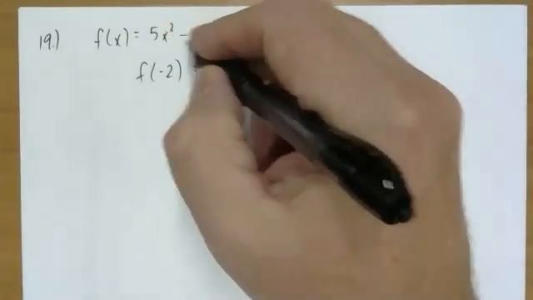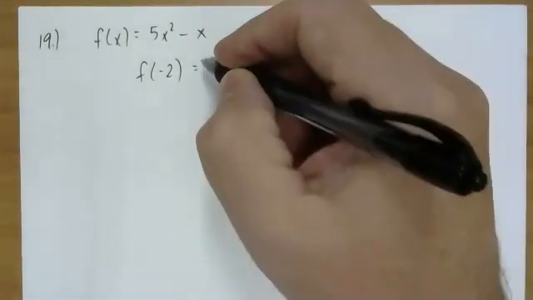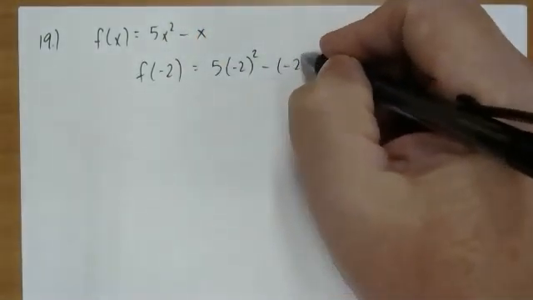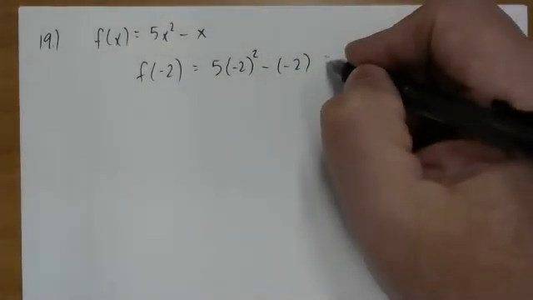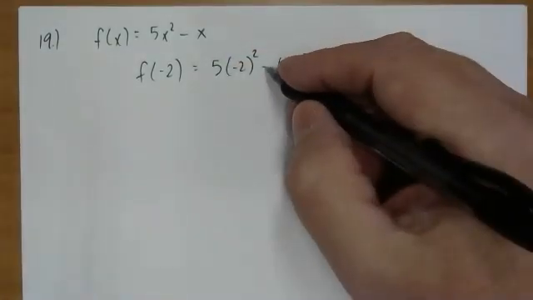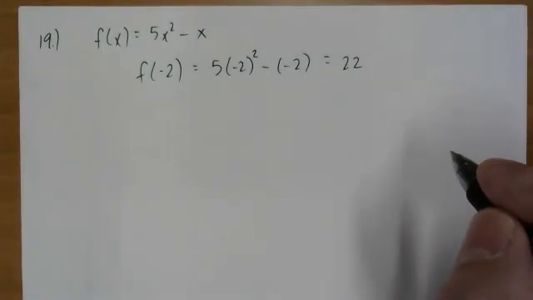So 5 times x squared becomes 5 times -2 squared minus x. X becomes -2. So -2 squared is 4, times 5 is 20, 20 plus 2 should be 22.